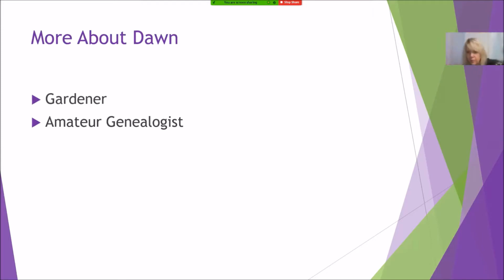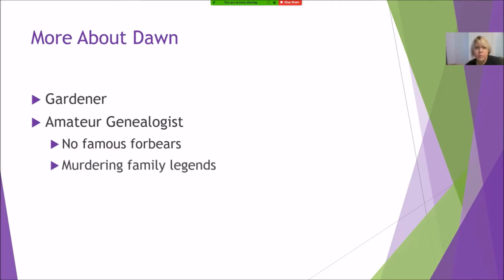And a little bit more about me. I am a gardener and an amateur genealogist. My Ancestry.com tree has 2,154 members. And as an amateur genealogist, I have found that I have no famous ancestors, but I have had opportunity to murder some family legends.